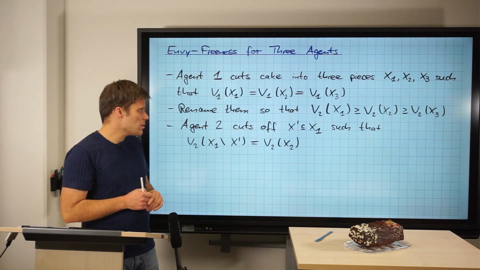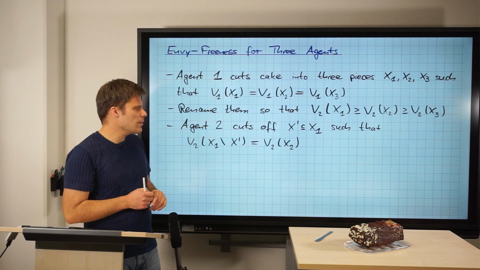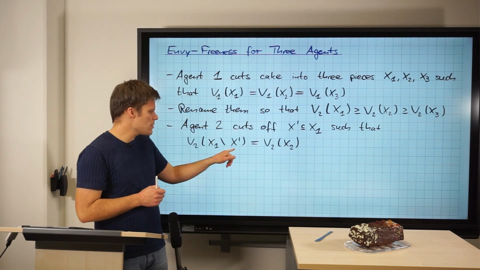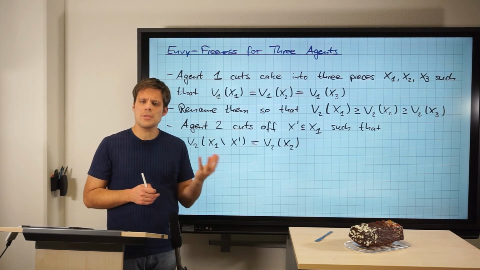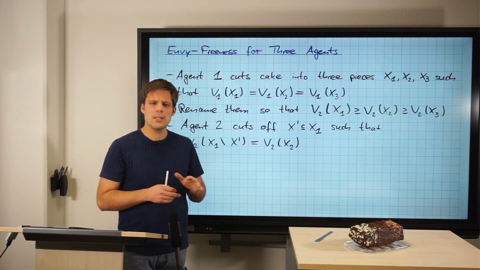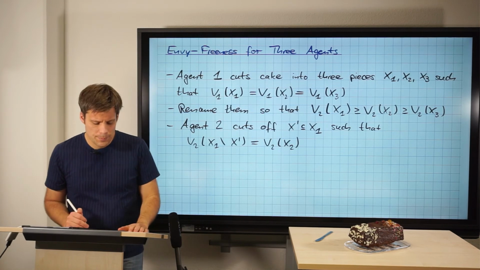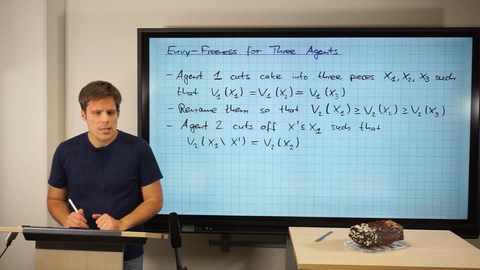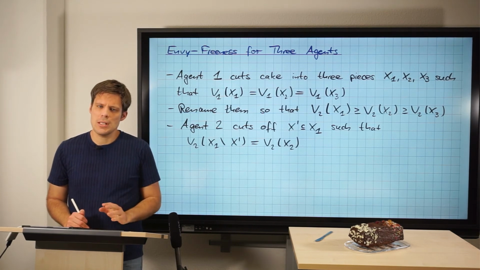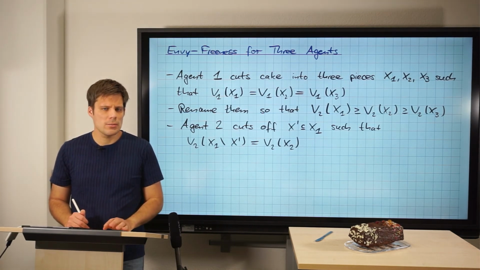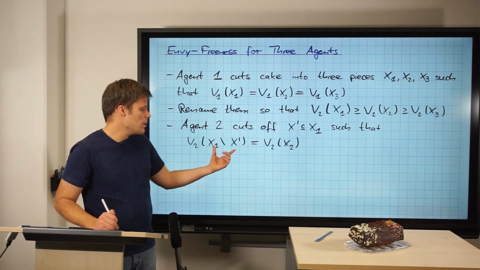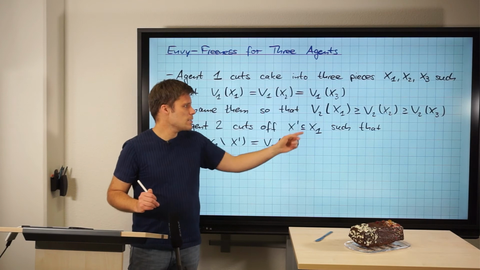Agent 2 says, okay, I don't like the third piece, but I like this trimmed first piece and the second piece the same. And so let's now ask agent 3 what they actually prefer out of these three things that we have now. This trimmed first piece, the second piece, the third piece.